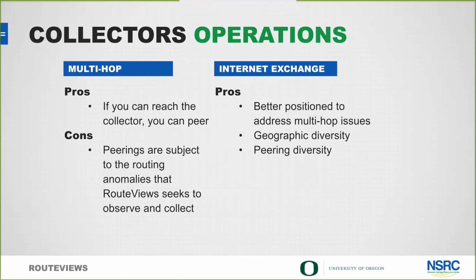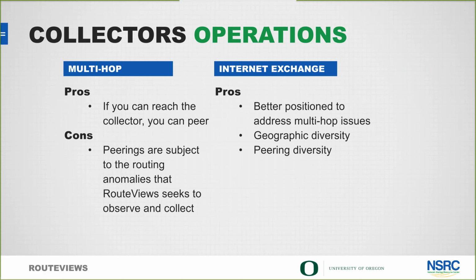Some of the issues that we see in terms of pros and cons with the multi-hop model is we can basically support anyone that can stand up a BGP peering session with us. The problem is that if there's any anomalies or any issues within BGP in the path between our peering session with you, we lose that information, or we have the potential to lose it if that peering session is taken down.